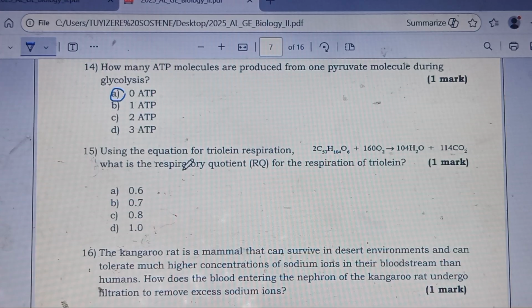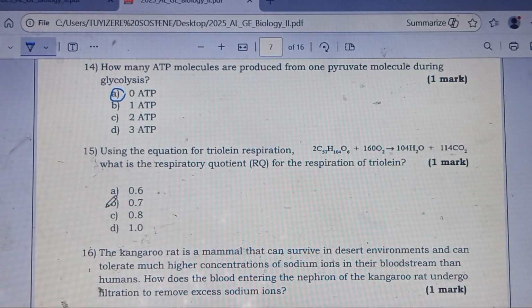Using the equation for cellular respiration, we have glucose plus oxygen, then you gain water plus carbon dioxide. What is the respiratory quotient for this cellular respiration?